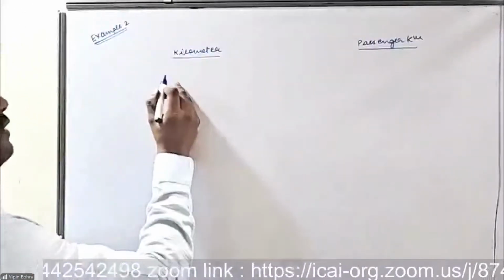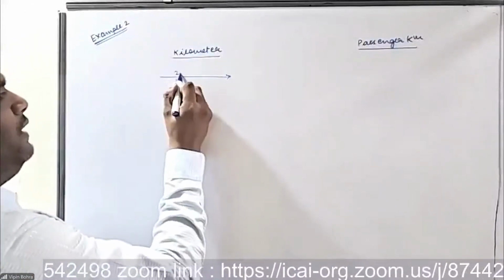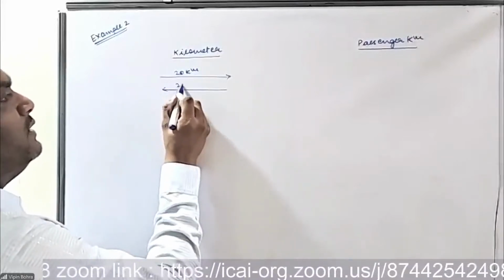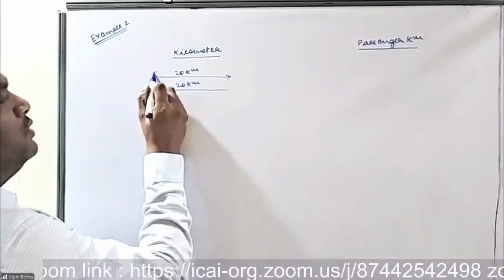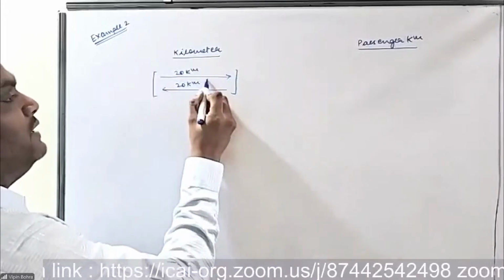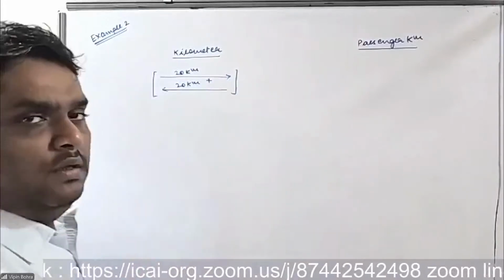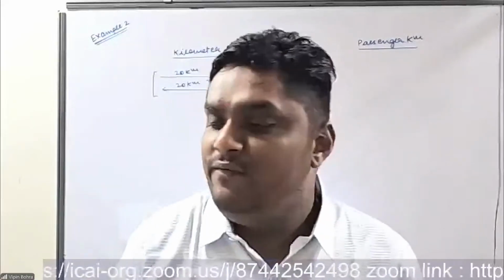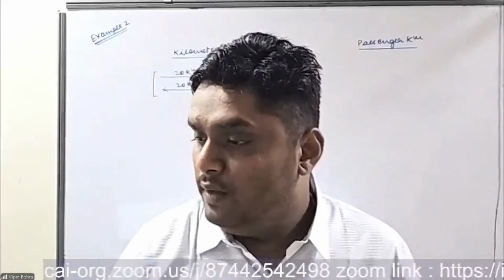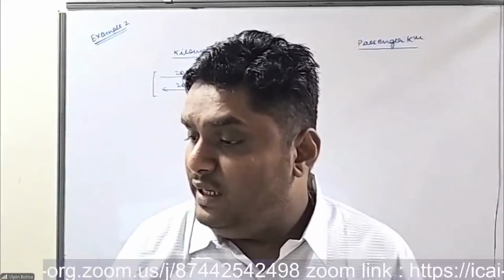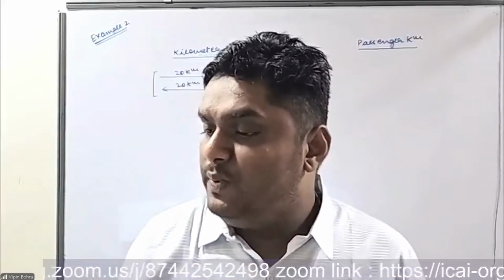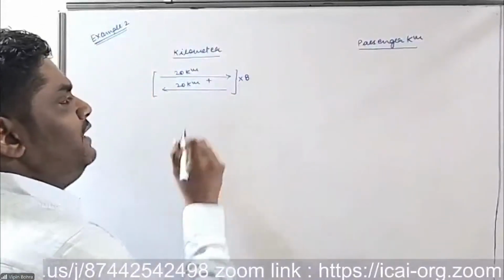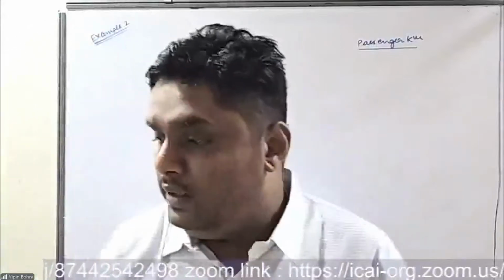So it means what? 20 kilometers onward and 20 kilometers return journey. So in aggregate, the total distance traveled is 40 kilometers. So in a round trip, the bus is traveling 40 kilometers. For how many times in a day? Trips made by each bus per day is 8. So on an average, the bus is running 8 times a day for 40 kilometers.